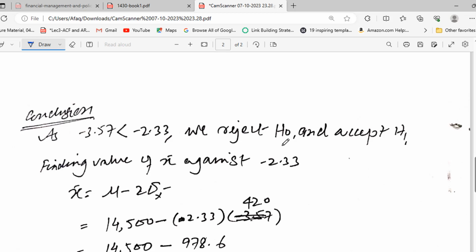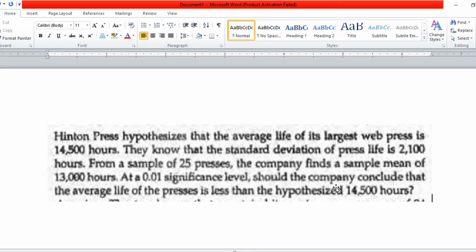The company should conclude that the average life of the presses is less than the hypothesized 14,500 hours. It means that we accept the claim of the company by rejecting H naught, where we assumed that the average life is greater than the hypothesized 14,500 hours, and this is the answer.